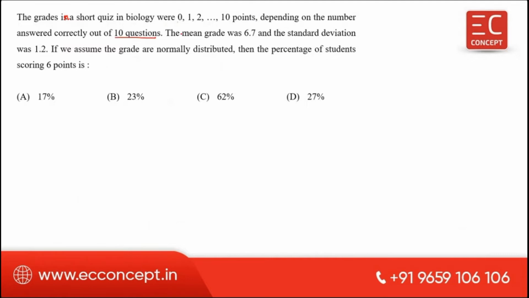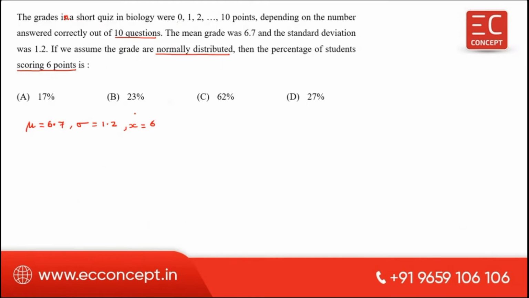The mean grade, that is mu, is equal to 6.7 and the standard deviation is equal to 1.2. If we assume the grades are normally distributed, then the percentage of students scoring 6 points, that is the probability of scoring 6 points, that is x equal to 6.